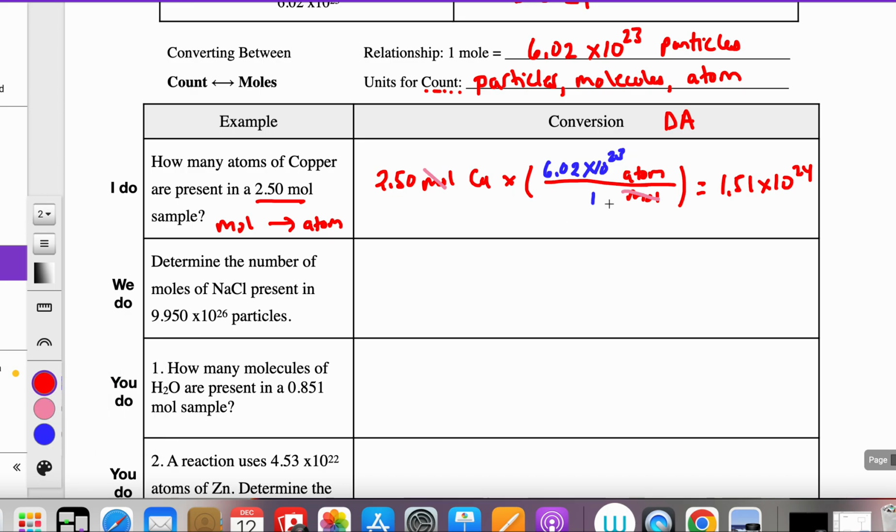So this huge number represents the number of atoms, and it is specifically atoms of copper, so I label it with Cu. Taking a look at this answer, I have met all three criteria. I have my value, I have the unit in which it's quantified, and I know the substance that it belongs to. Those are all three parts of an answer.